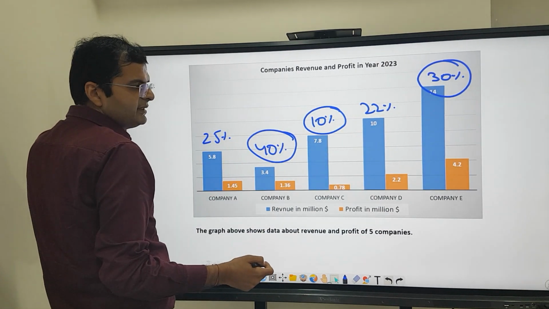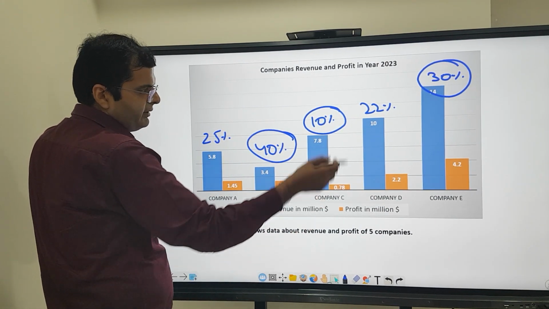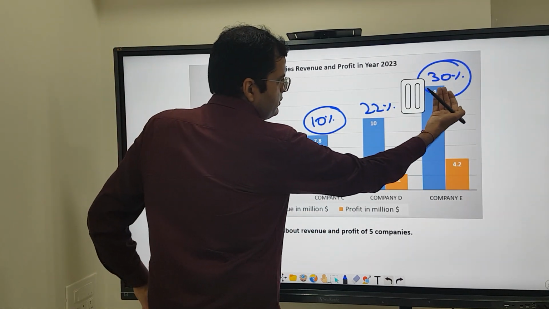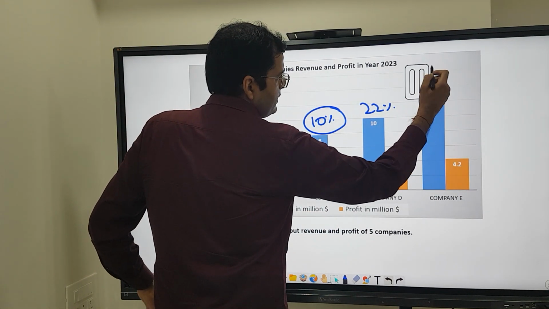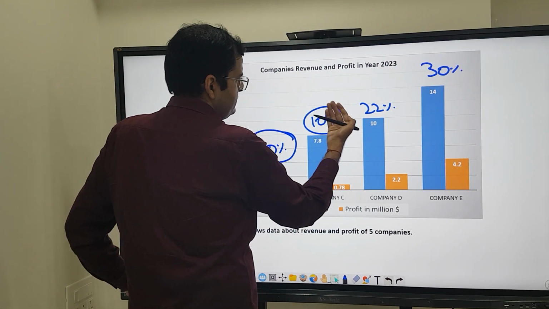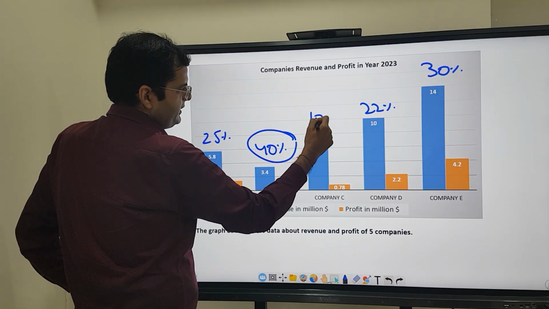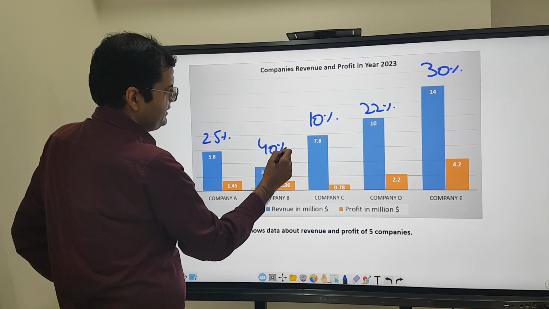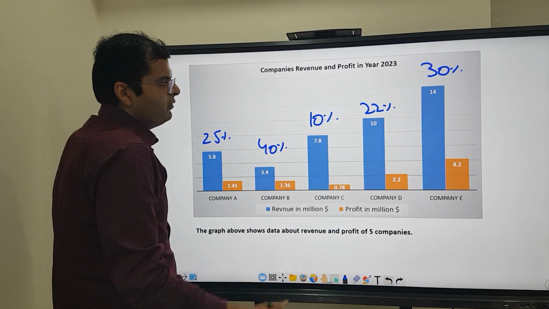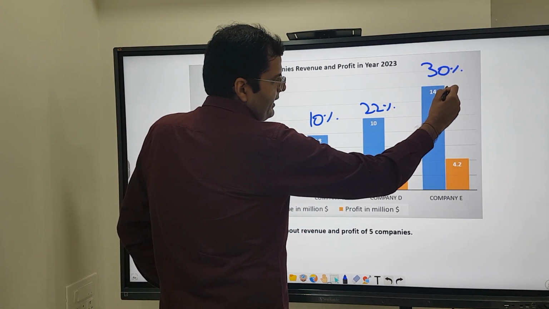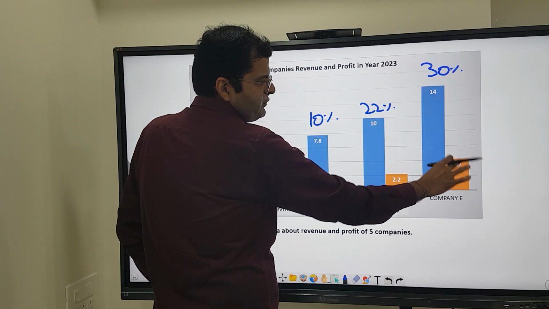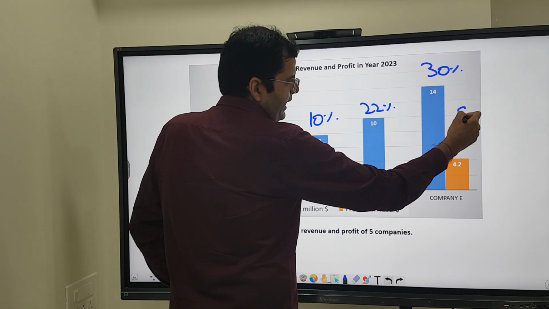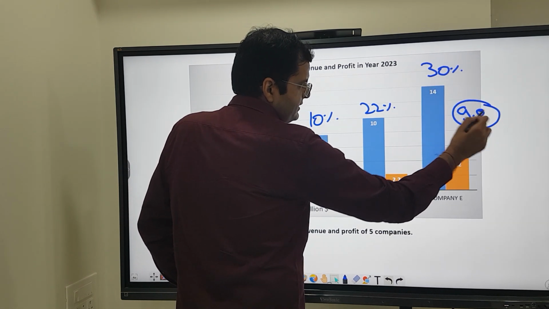Expense is revenue minus profit. I'm just writing the profit percentage here because that might help us in other questions also. So over here, the expense is 14 minus 4.2. This is $9.8 million.